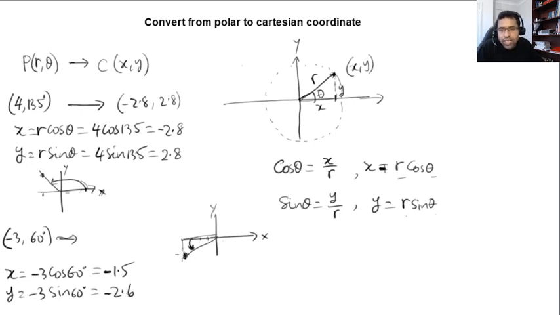You can see that our point is basically both negative, which is minus 1.5 and minus 2.6. So after converting, the polar coordinates negative 3, 60 degrees are equivalent to the Cartesian coordinates minus 1.5, minus 2.6. From the initial drawing, we can tell that the point is located in the third quadrant, and that's what we got.